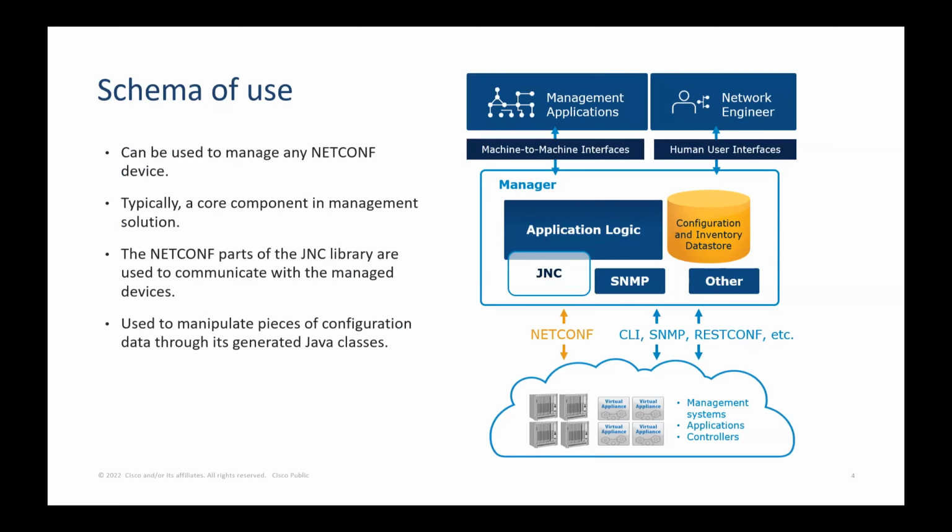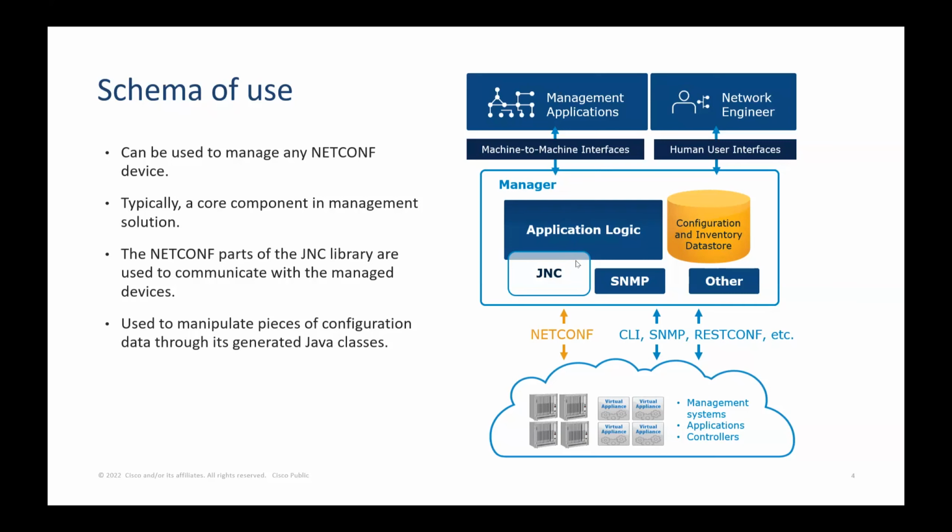So here we can see a typical schema of the use case and where JNC fits in the whole picture of automation. Typically we have some devices down on the bottom that we need to manage and some management applications up top.